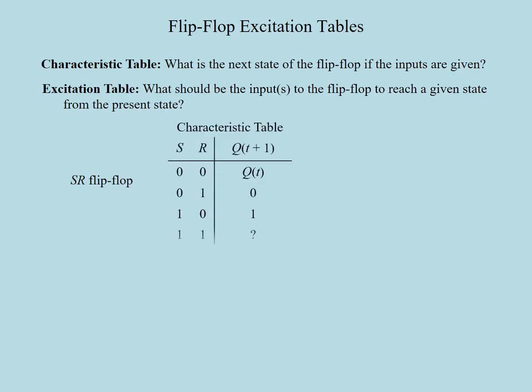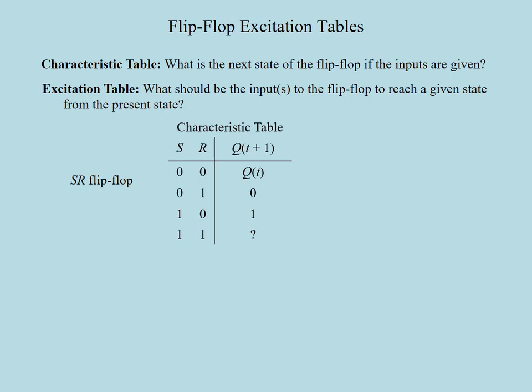Remember the characteristic table of the SR flip-flop. We express the next state column in terms of the present state Q of t wherever possible to have the table in a compact form. If both inputs are 0, the flip-flop keeps its present state.